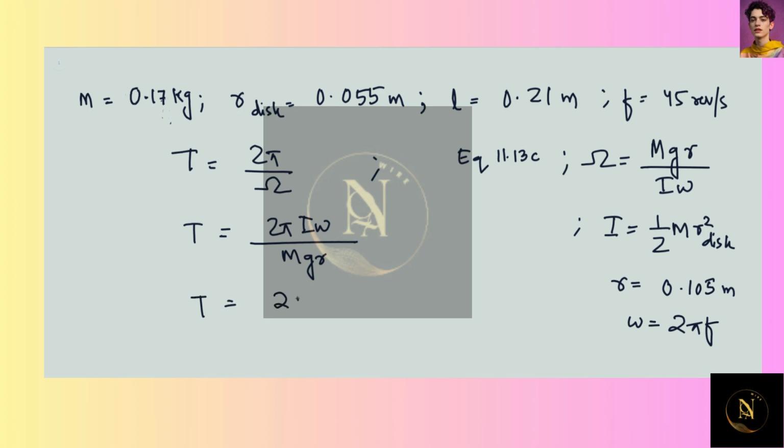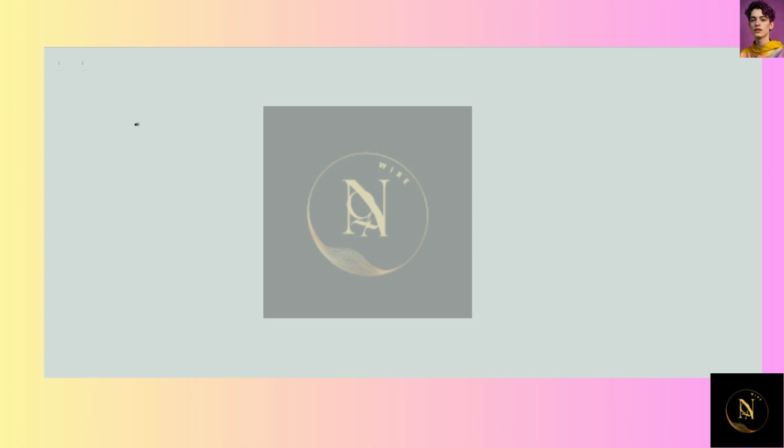So doing that, we get 2 pi times mgr. Now we can simplify this expression a little bit. So let me do that on the next page.